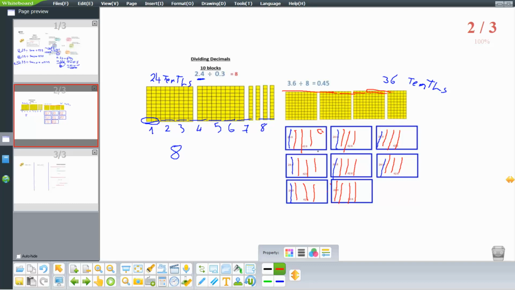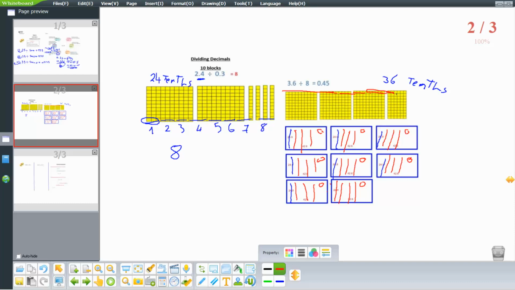Okay, 1, 2, 3, and 4, 5, 6, 7, 8. Okay, 5 tenths means the remainder here is 4 tenths.